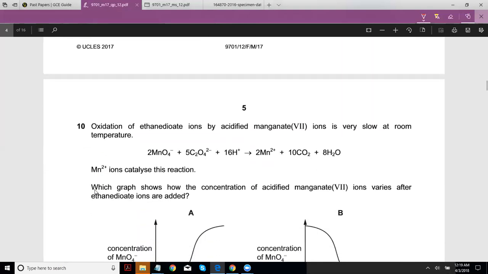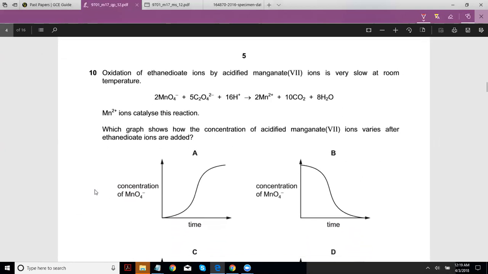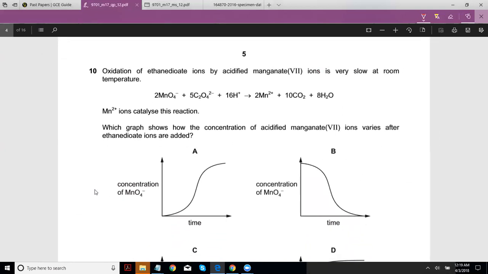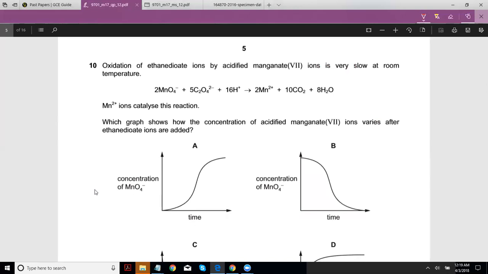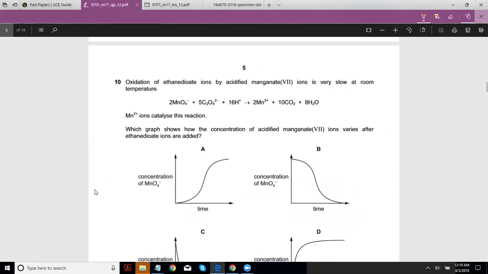The oxidation of ethanedioate ions by acidified manganate ions is very slow at room temperature. Mn2+ ions catalyze this reaction. Which graph shows how the concentration of acidified manganate ions varies after ethanedioate ions are added?